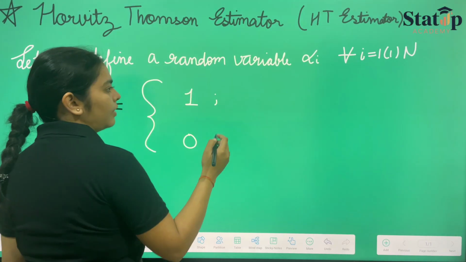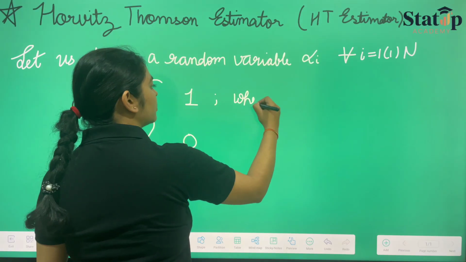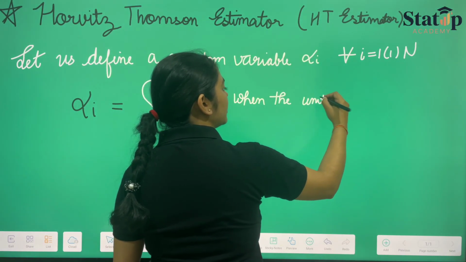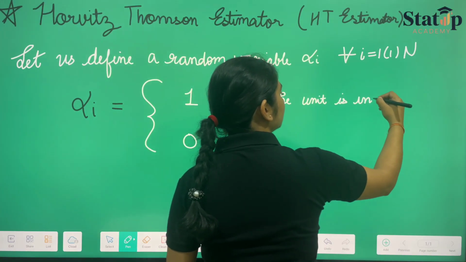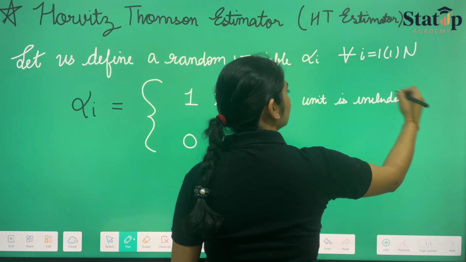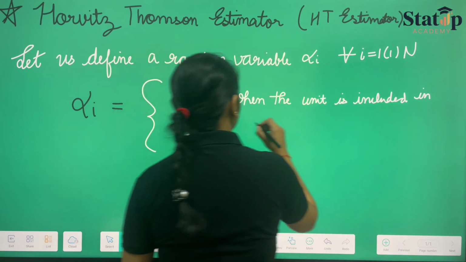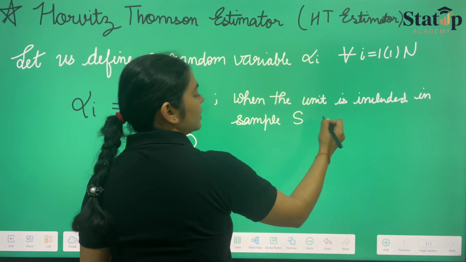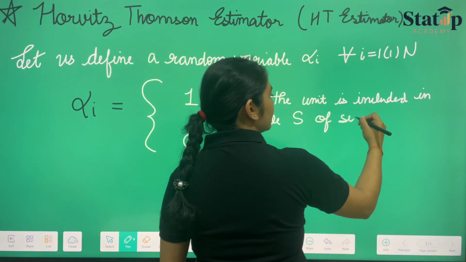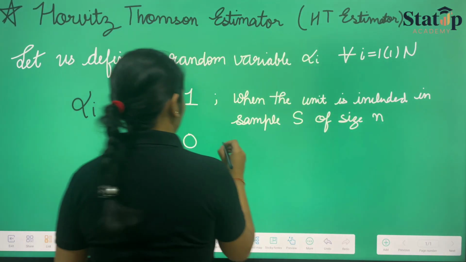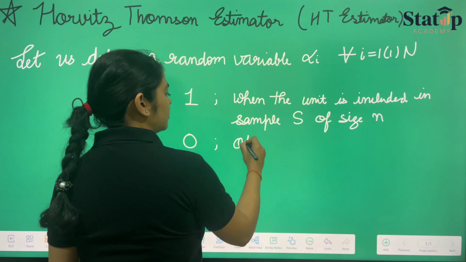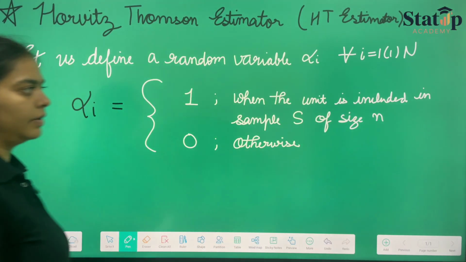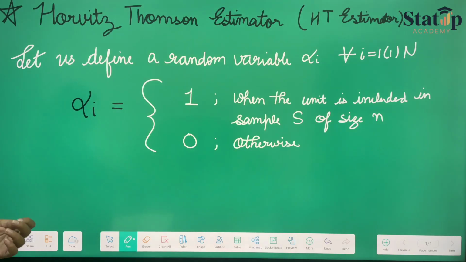It takes 1 when the unit is included in the sample, and we write the sample as capital S of size small n, or 0 otherwise. So this is an indicator variable, and as we can see, it takes only two values, 1 and 0.